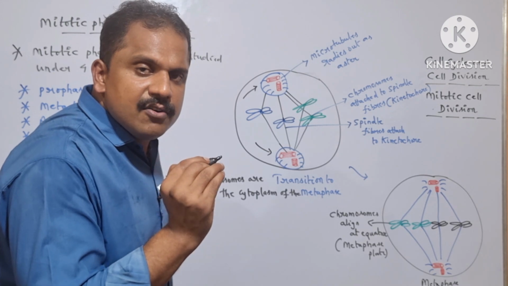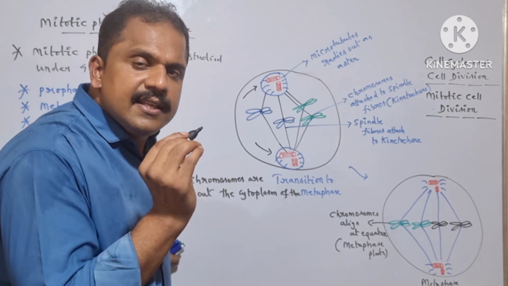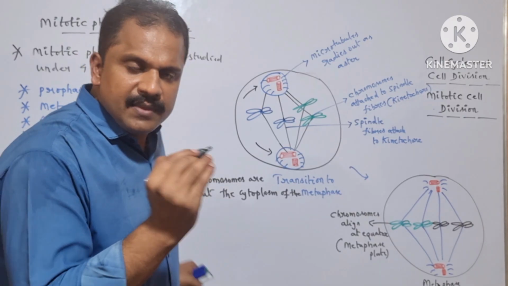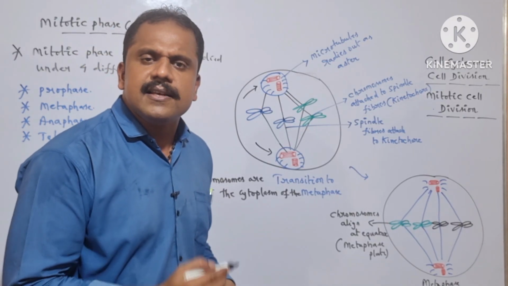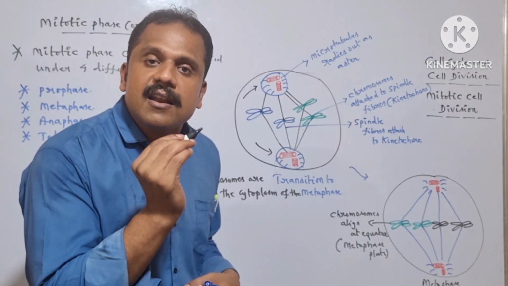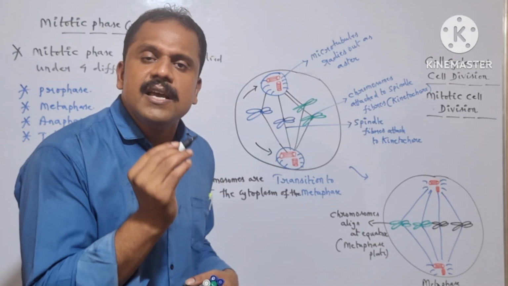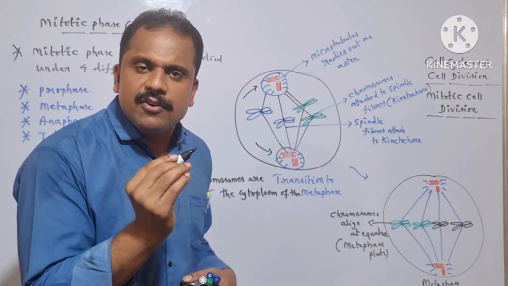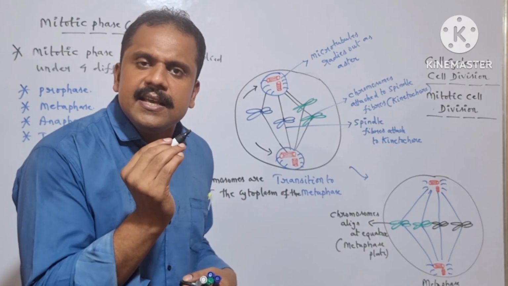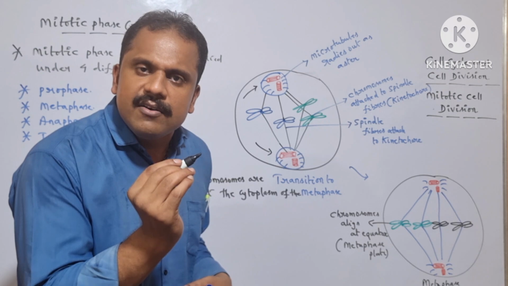So the centrosome in association with the aster microtubules, and the chromosomes which are aligned by taking advantage of spindle fibers, are together termed as mitotic apparatus.